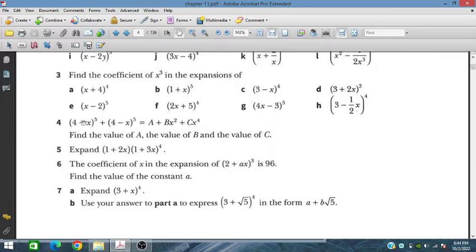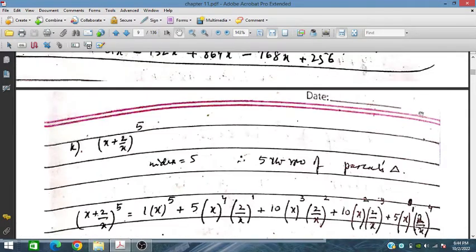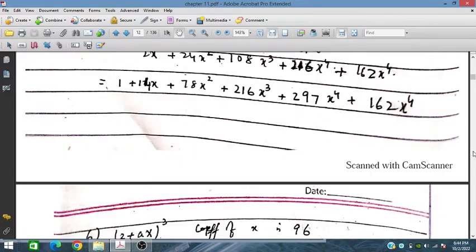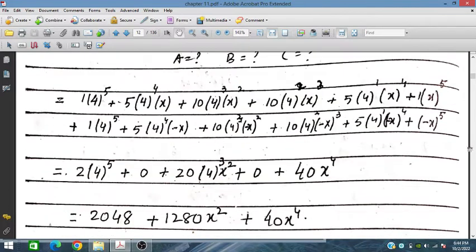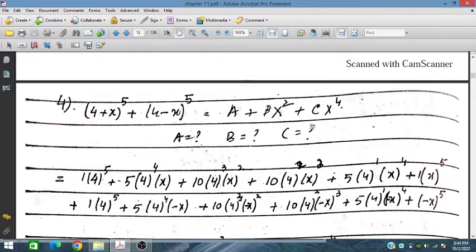So for expanding this, we'll compare and we'll get some values. So for problem number 4, we are here. We have to find this a, b and c.